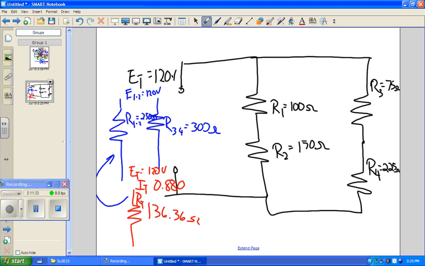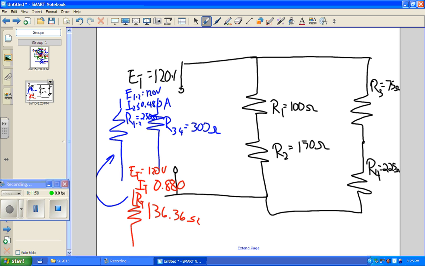Oh, it's 0.48? Okay. 480 milliamps, or 0.480 amps.